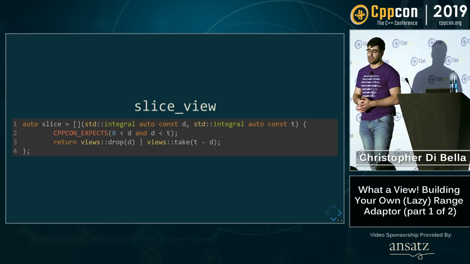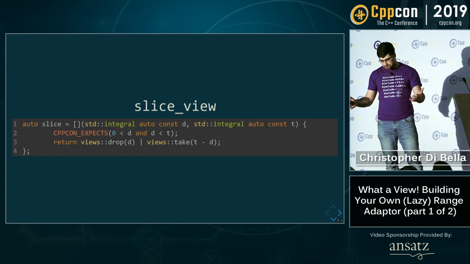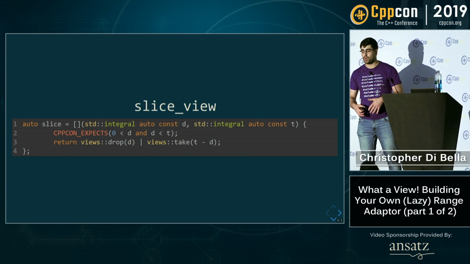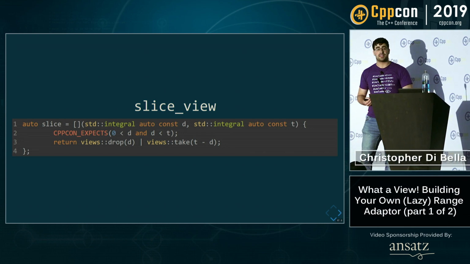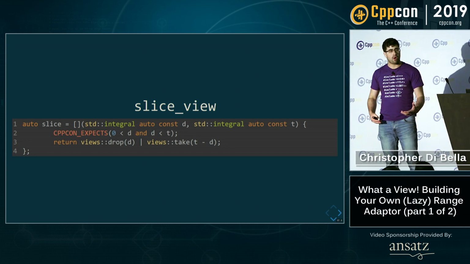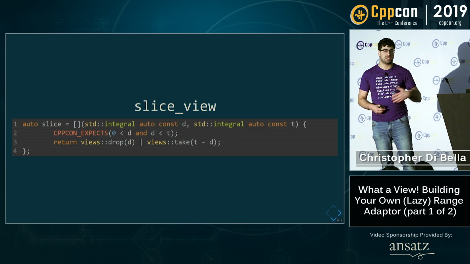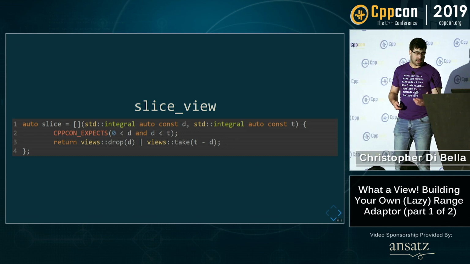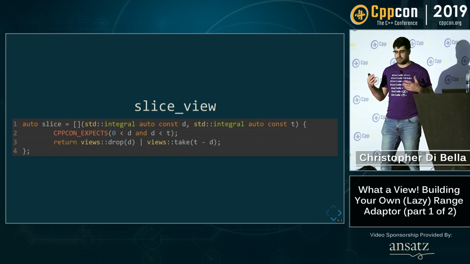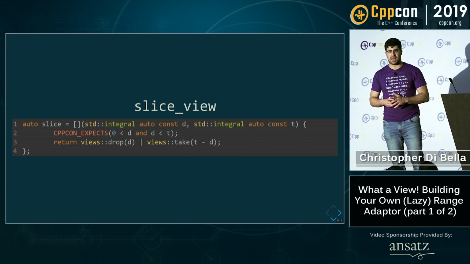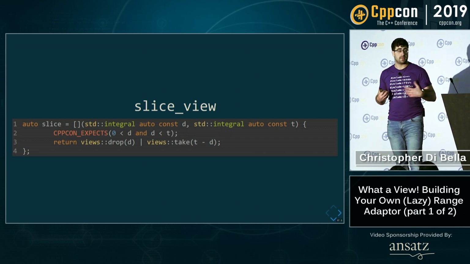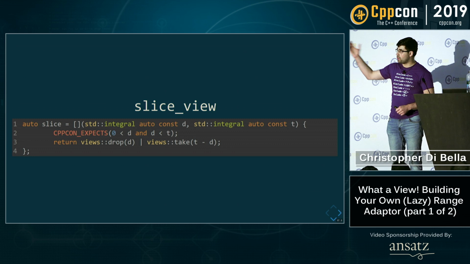Building a slice view is something that's a bit more involved, but we don't need to do that in C++20 because we can make this lambda, and that serves for most of the purposes that we probably want. If you need the extra information, yes, you can go and build the remainder of the slice view. But for all the use cases that I can foresee, barring that special information, this is all you would need to do.